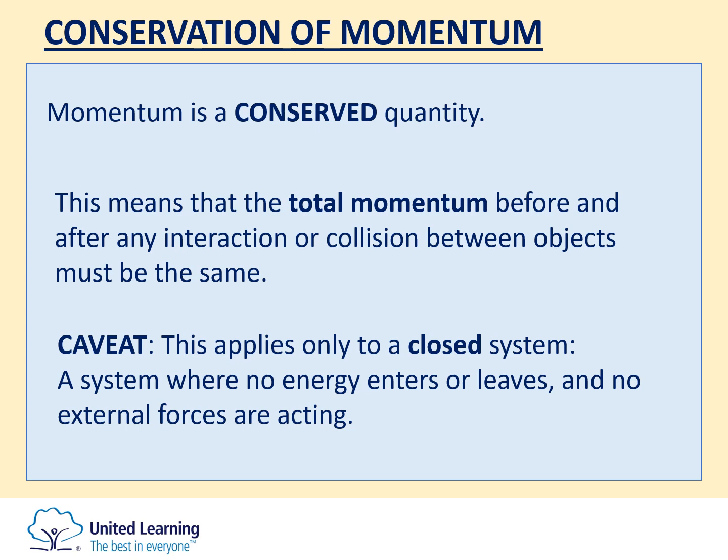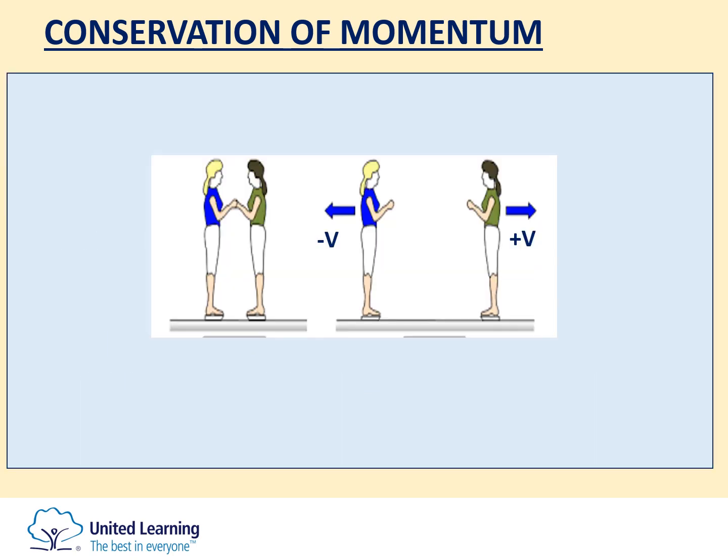So when dealing with momentum, there are some particular types of situation that frequently get looked at. The first type of situation is where you have an initially stationary object which moves apart.